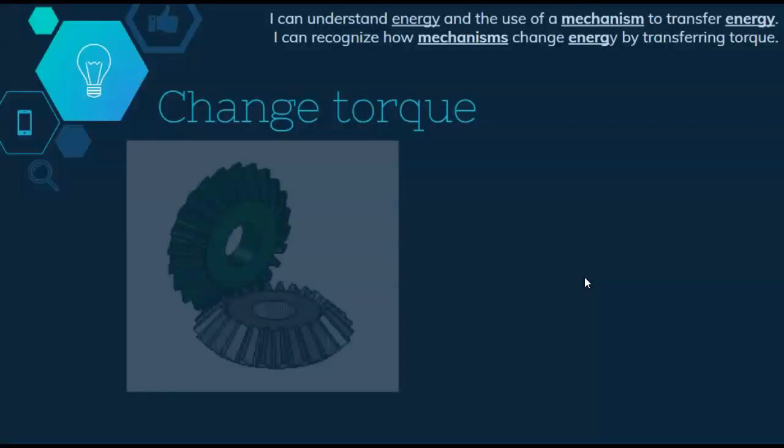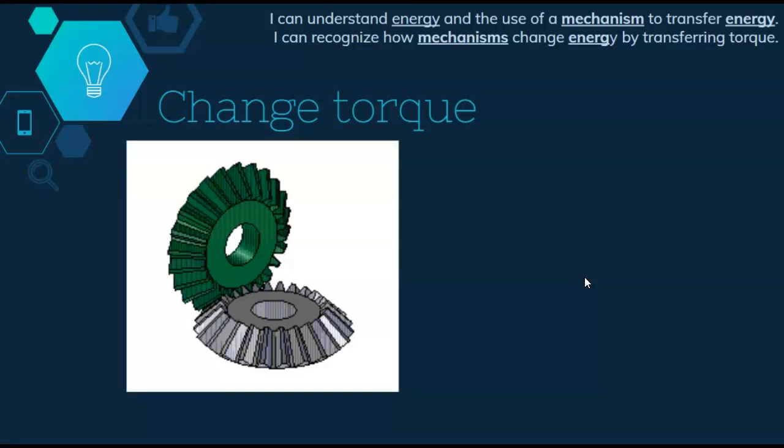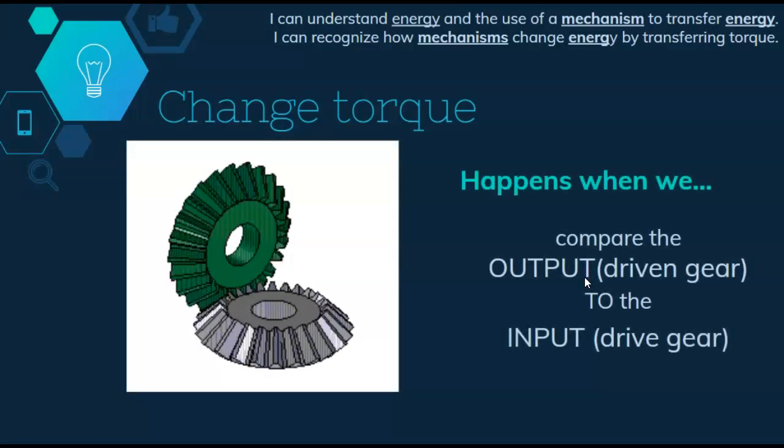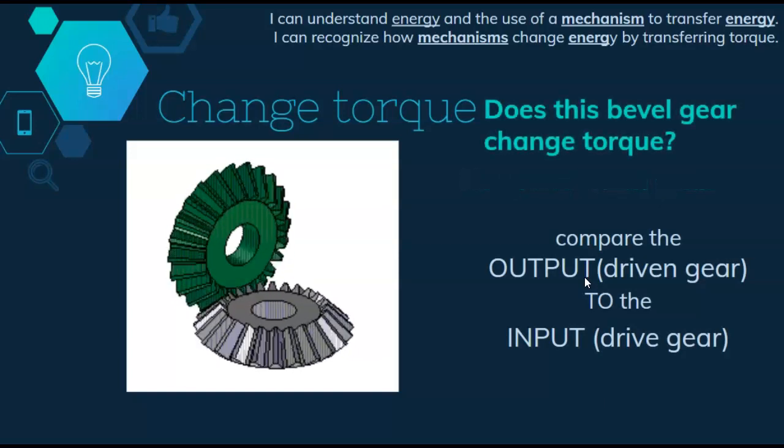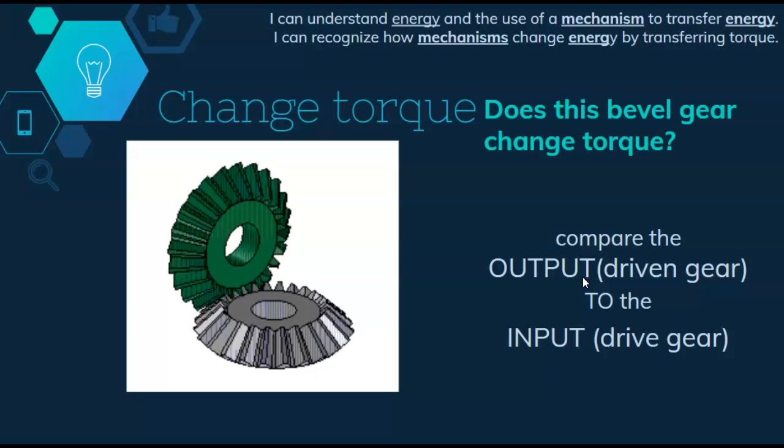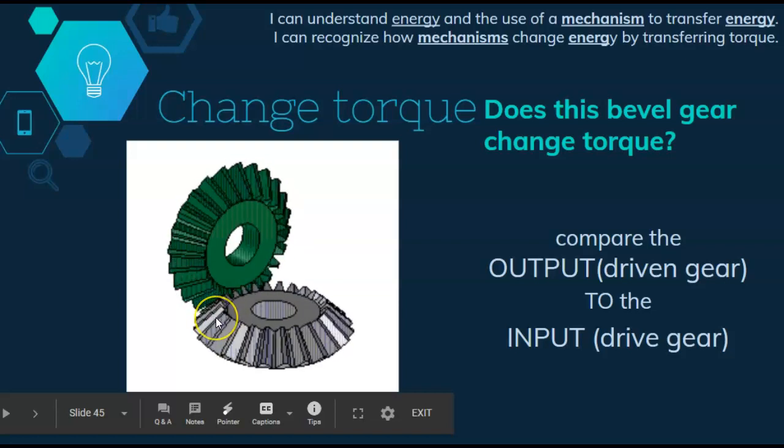Let's look at another mechanism. Let's check out this mechanism. This is the bevel gear. Again, we're going to figure out if this torque is changed by comparing the output gear to the input gear. And in our previous video, we found out that it doesn't matter on these 2 gears, which is the output gear and which is the input gear, because they're the same size.